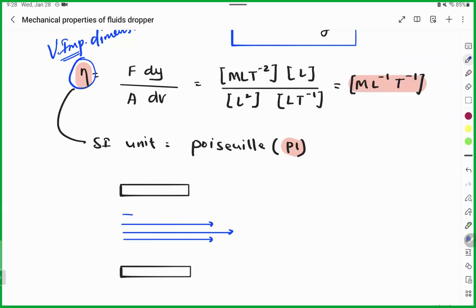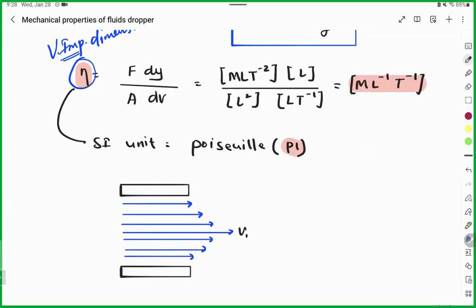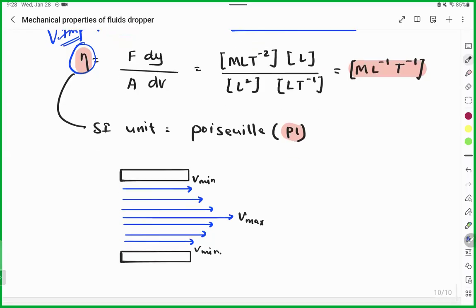I'm just showing you an example. So the middle speed is maximum, and at the surfaces the speed will be minimum or almost zero. This question can be asked in your exam.